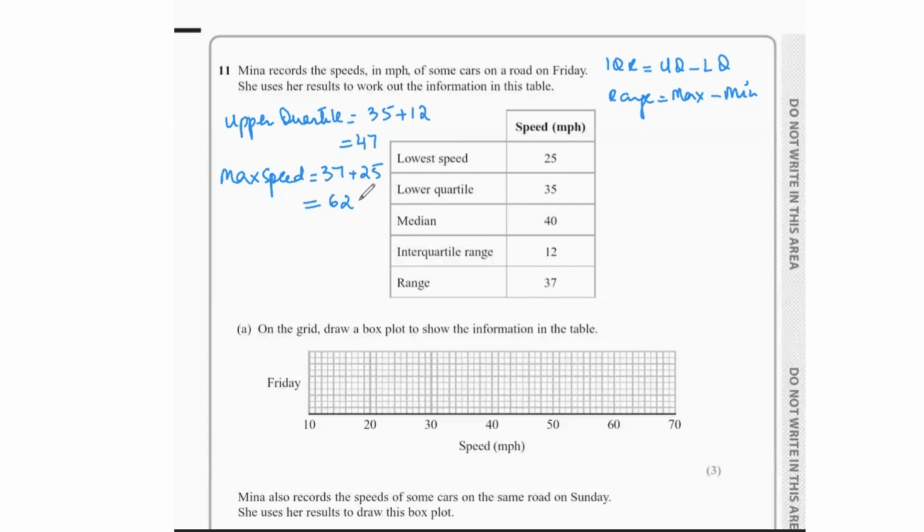So now that we have this information, we can just plot this. Lowest speed is at 25. So 1, 2, 3, 1, 2, 3, 4. This is 25. Maximum speed is 62. So this is where we draw our whiskers.